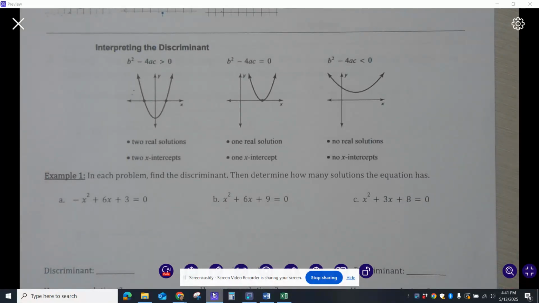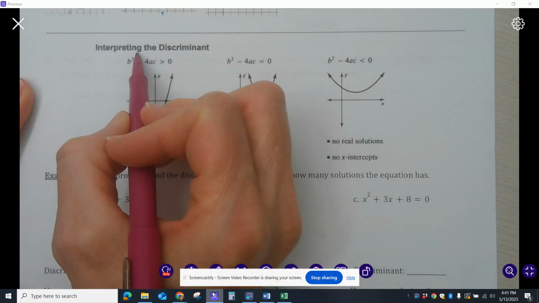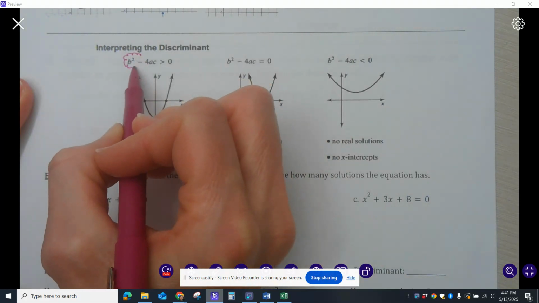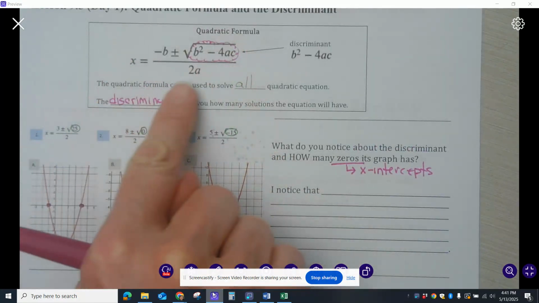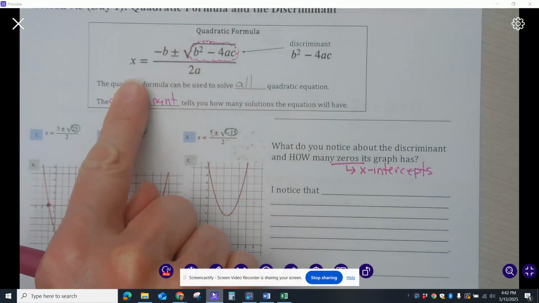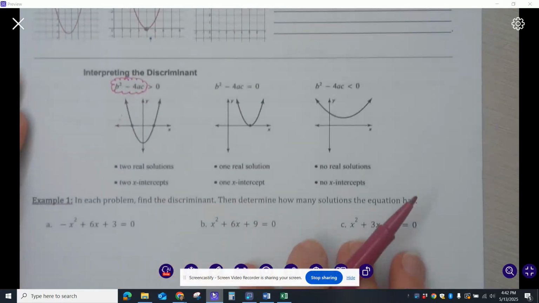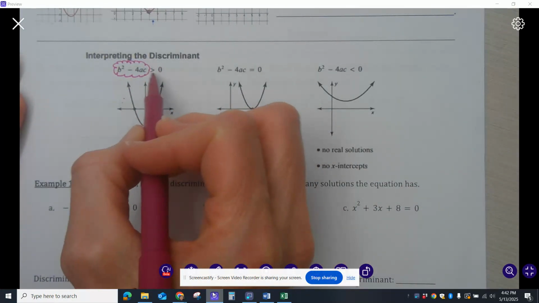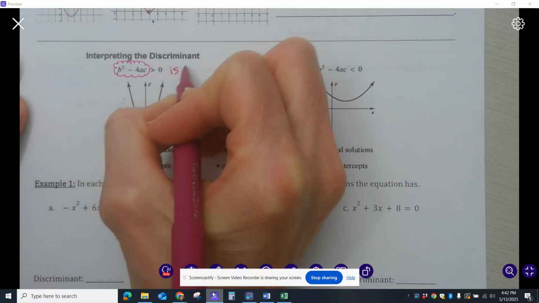So this is a table that is similar to these graphs we had above, but this says interpreting the discriminant. So again, the discriminant is the stuff under the square roots. So in the big quadratic formula, which we'll look at momentarily, it's just the part that's in the jail, under the square root. Now greater than 0 means that it is positive.